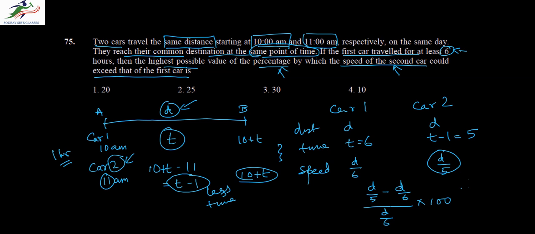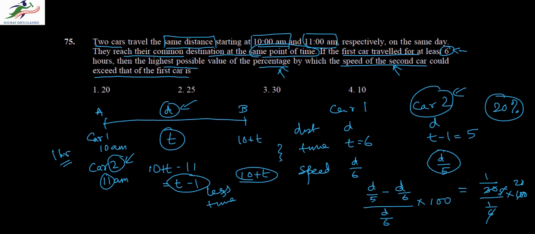If we simplify this, this becomes (1 by 30) by (1 by 6) into 100. So 5, and then 5 into 20 is 100. So 20% is the answer. The speed of car 2 exceeds that of car 1 by 20%. So we see the options. First option is given as 20%, which is the correct answer.